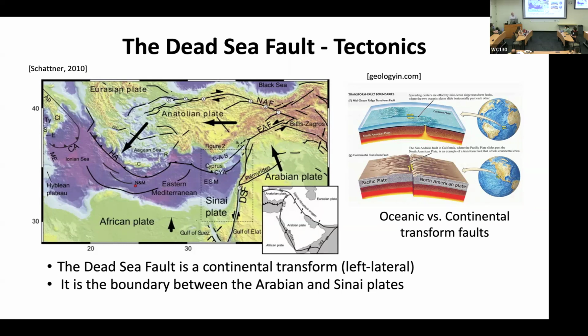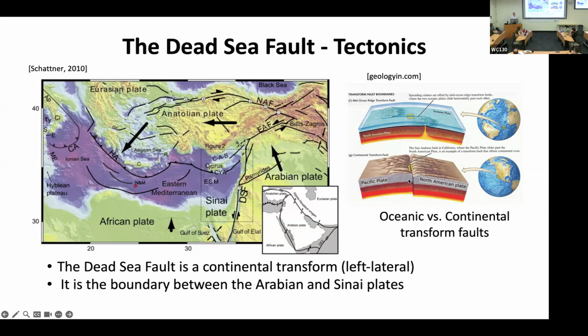Now we call it a transfer fault. The transfer fault was first introduced when studying the tectonics of the ocean. In the ocean, as it opens, we have mid-ocean ridges, and sometimes there is a break between them. These are called transfer faults because they transfer the opening from this side to the other side. In the continent, it's a little bit more complicated, but still we call it a continental transform fault.